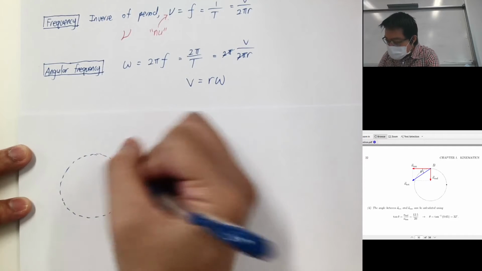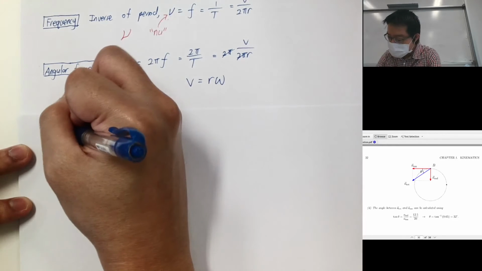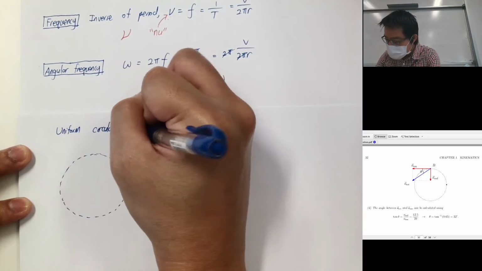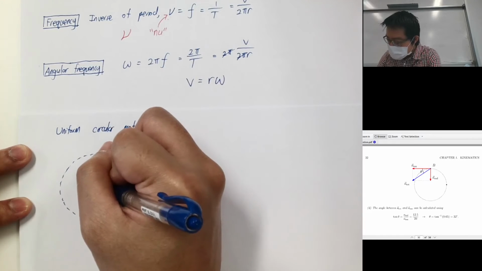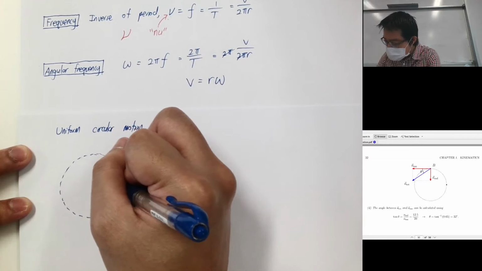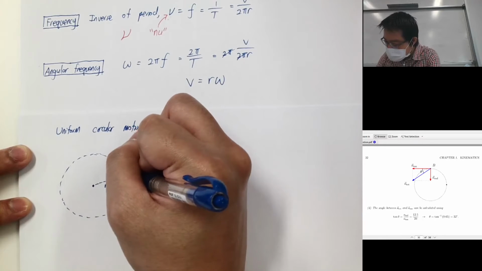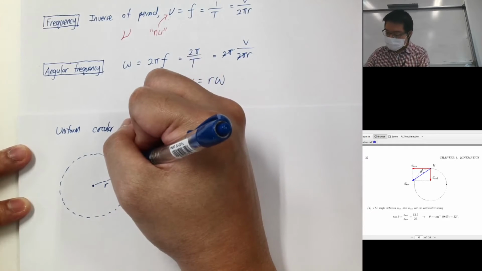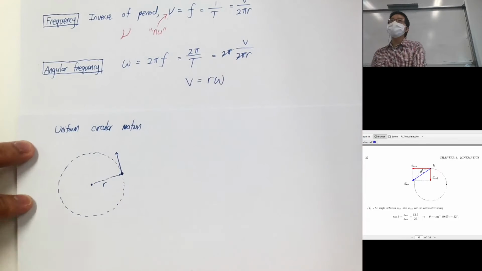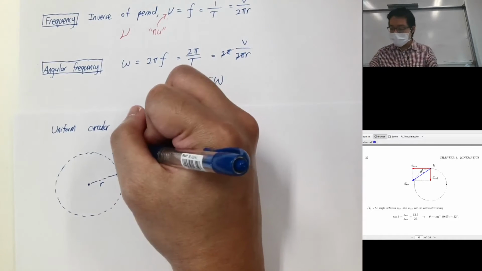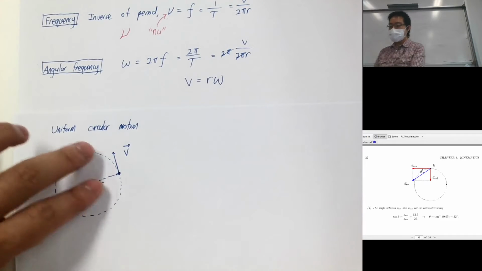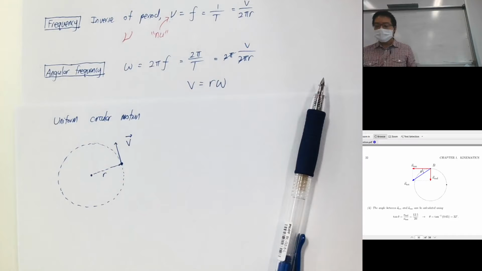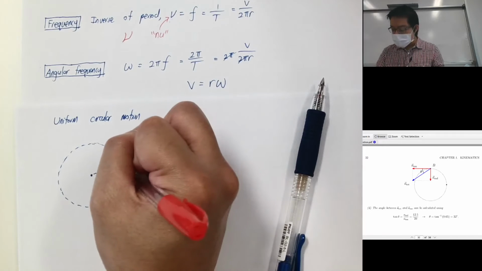When we talk about a uniform circular motion, we have an object. This time, just for variety, let me draw the object moving in an anti-clockwise direction. If I'm going at a constant speed v, the speed is constant, but the velocity vector is not constant, right? Because it keeps on pointing in different directions.